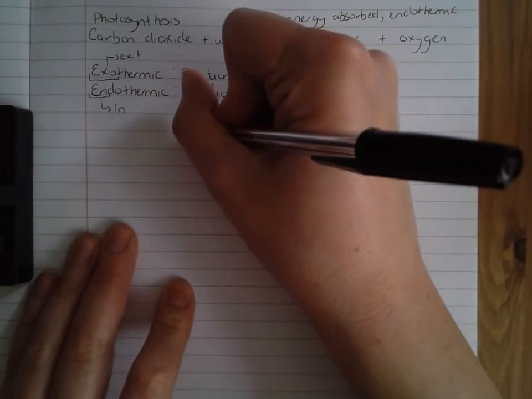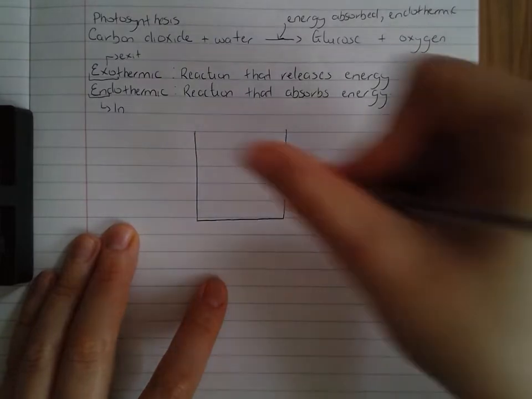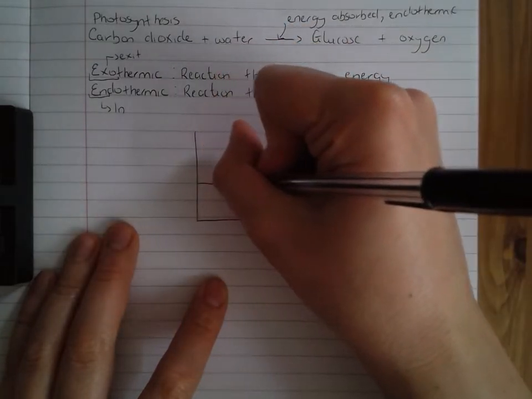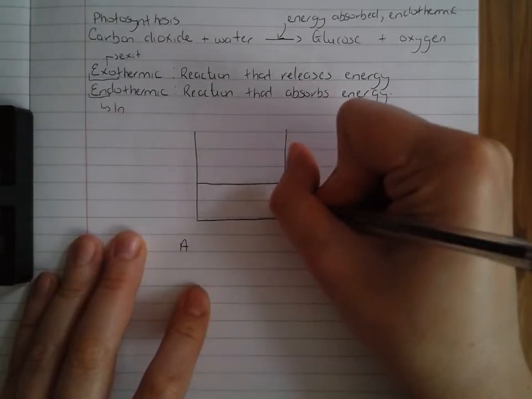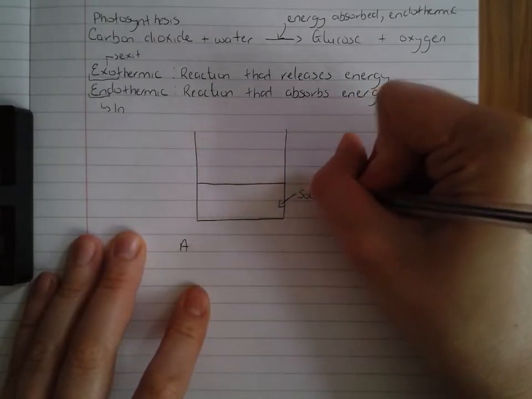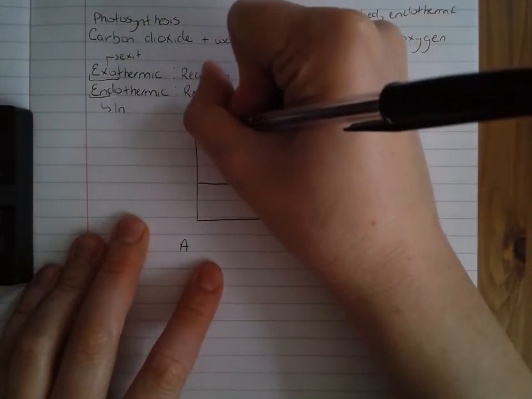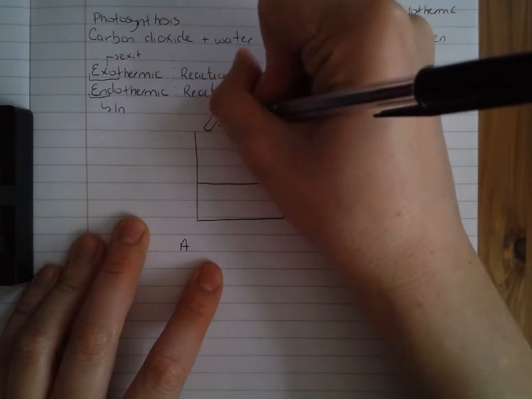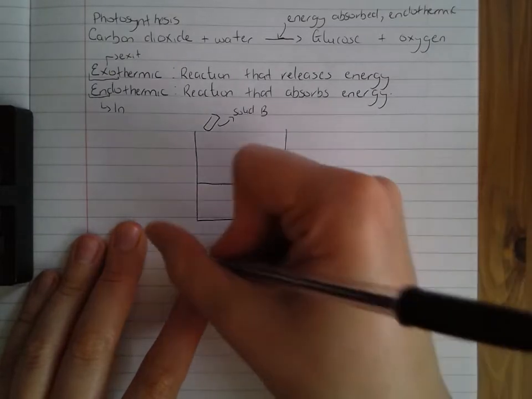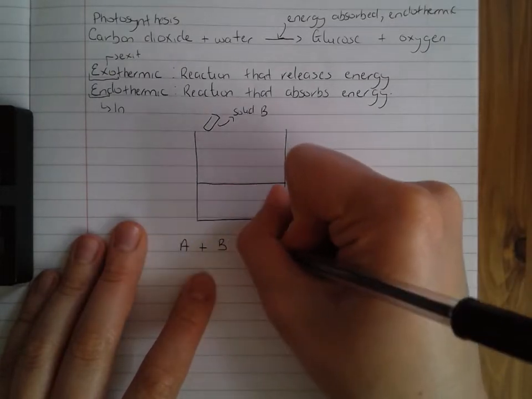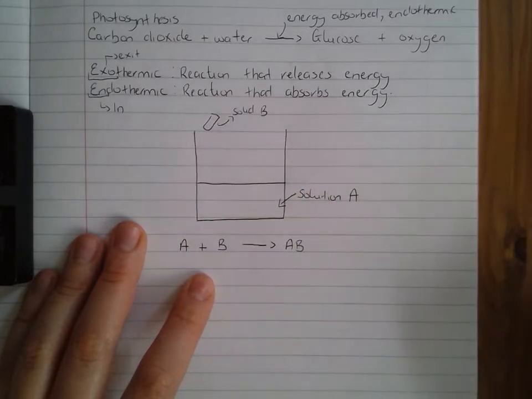So what I'm going to draw out here is a reaction beaker. And in my reaction beaker, I am going to call this solution A. And I'm going to react my solution A with my solid B. And I'm going to have a chemical reaction, which I'm going to write underneath as A plus B, and my imaginary product is going to be AB.